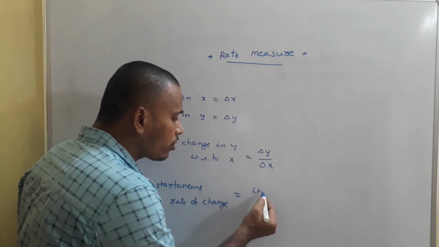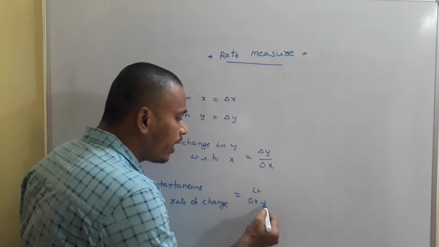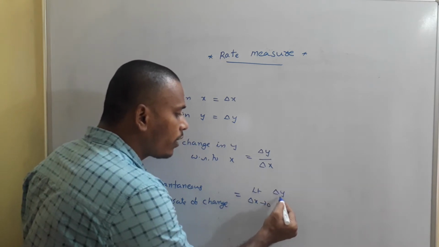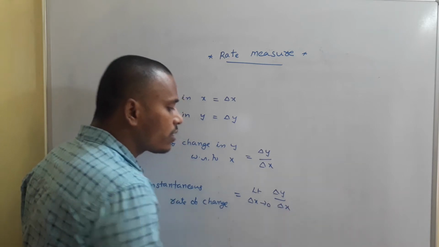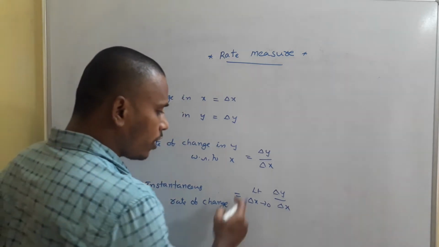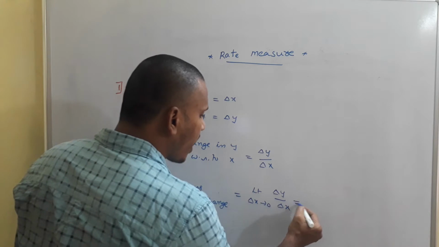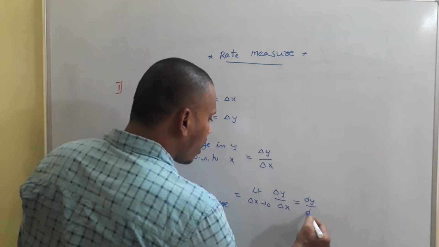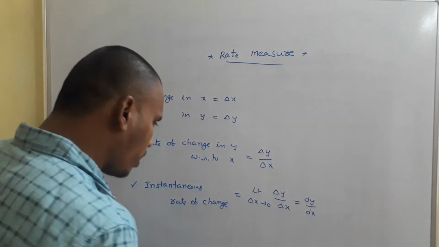If there is a small change in x, that means limit delta x tends to 0, delta y by delta x is considered the instantaneous rate of change, and we denote this as dy by dx. We learnt everything about this in derivatives itself.